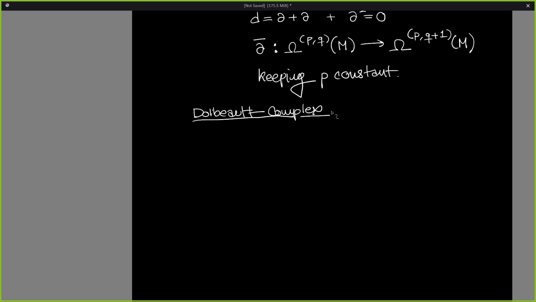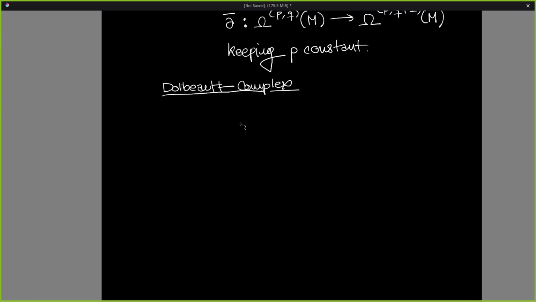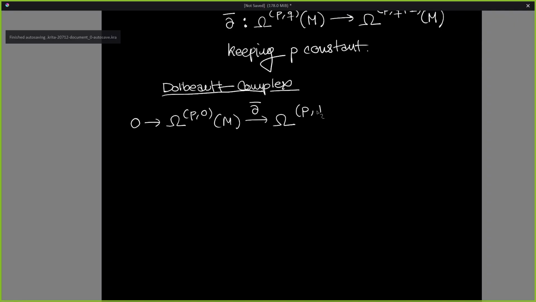But now, since we know where the complex comes from, I'm just going to start with the complex. So it's very similar. We get omega^{p,0} of M, partial bar, omega^{p,1} of M.